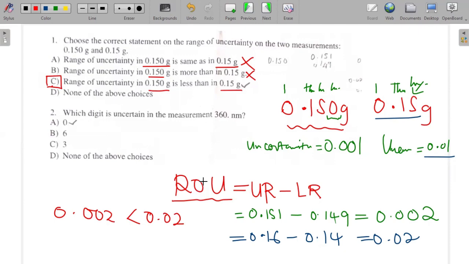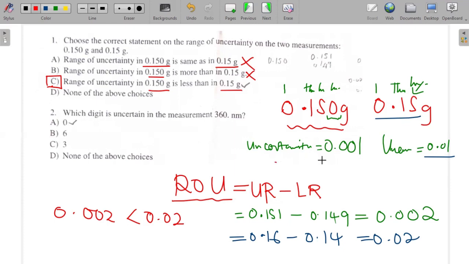Any questions on how we found the range of uncertainty there? I've shown the whole working so that you understand where it's coming from. But if you do not want to waste time, just check the uncertainties.